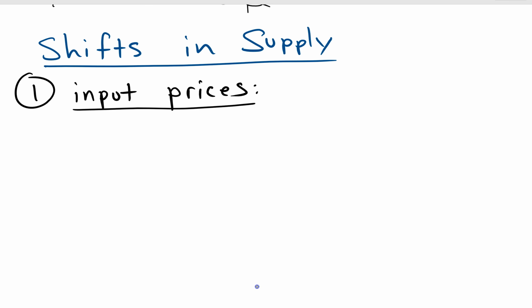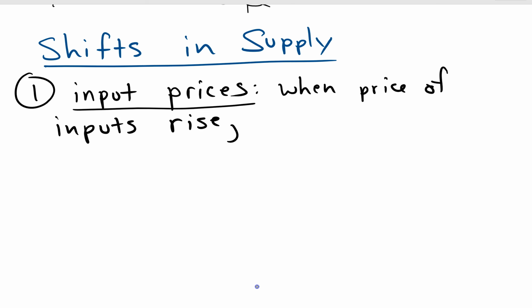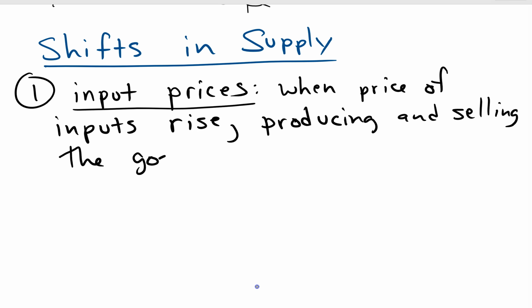So we expect, I'm just going to do one direction, when the price of inputs rise, then producing and selling the good at a set price is going to be less profitable.